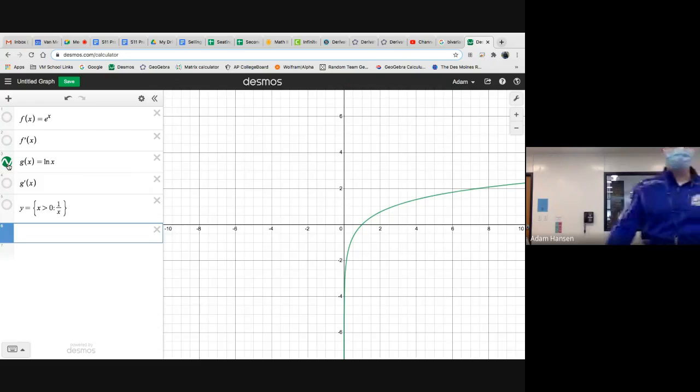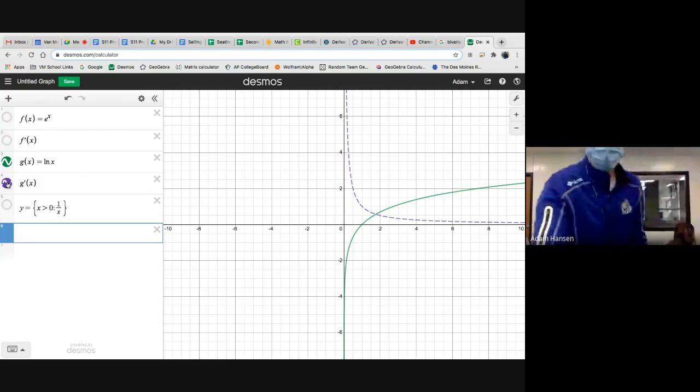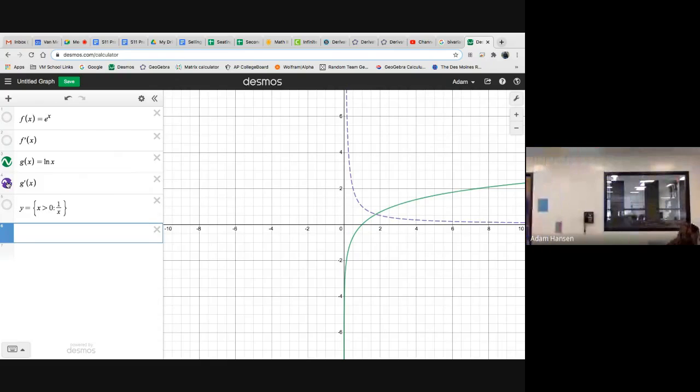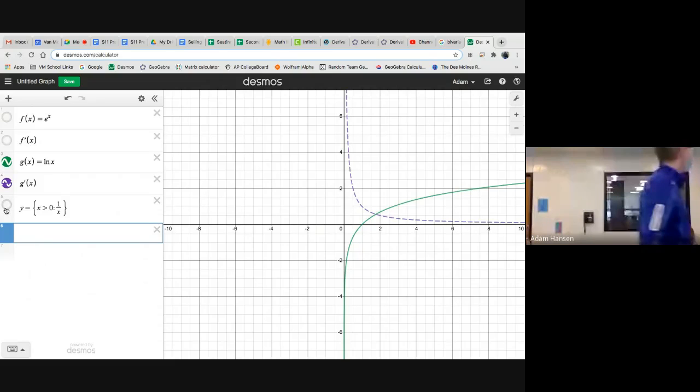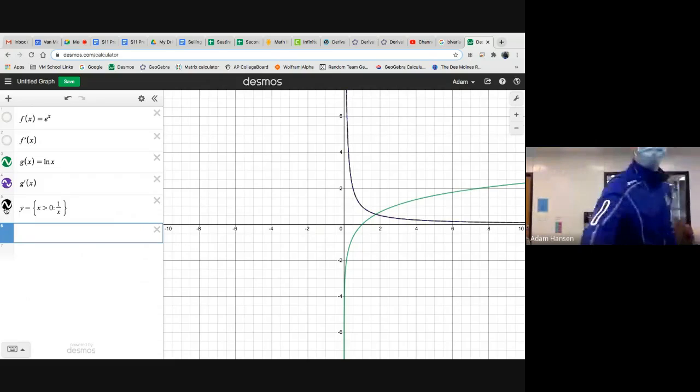Here's a sketch of what the derivative would look like in purple. Strictly positive, but starting very steep and getting shallower, getting flatter, approaching 0 as I go to the right. This is the same as 1 over x. The derivative of natural log of x is 1 over x, so long as x is greater than 0. I've got that in this bottom row here.